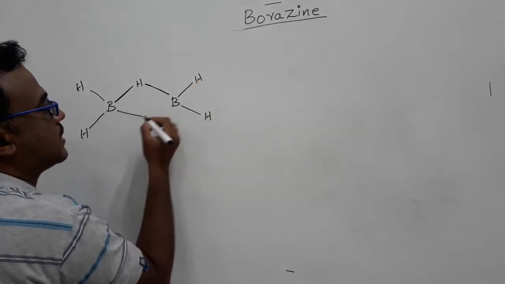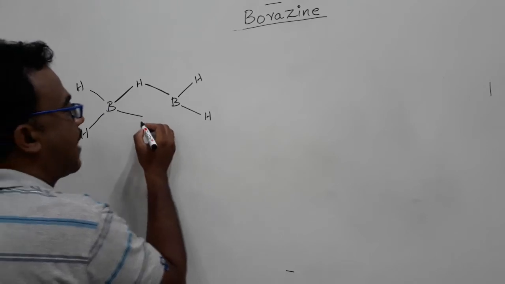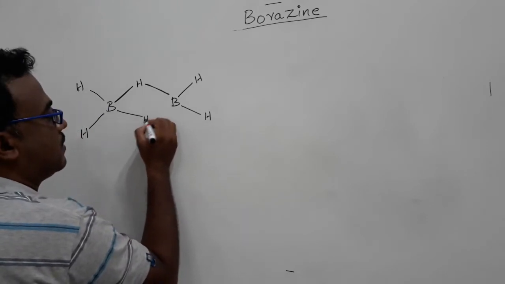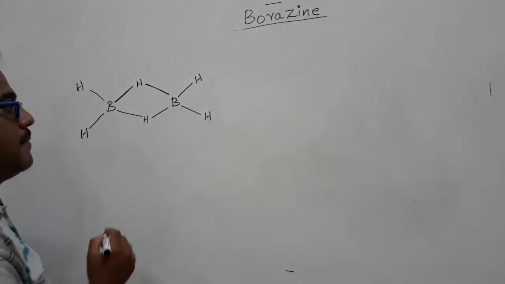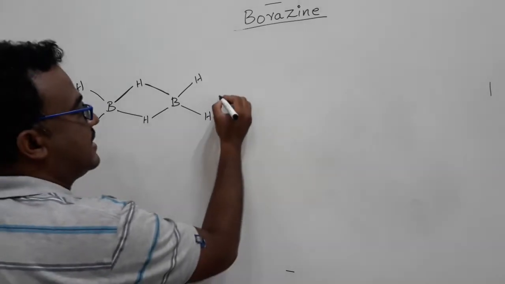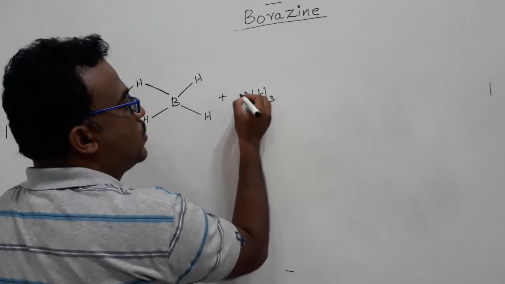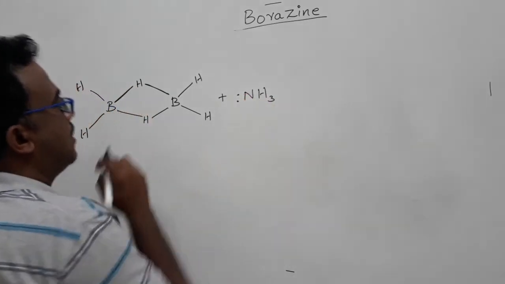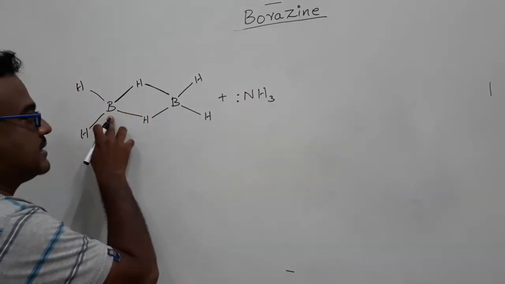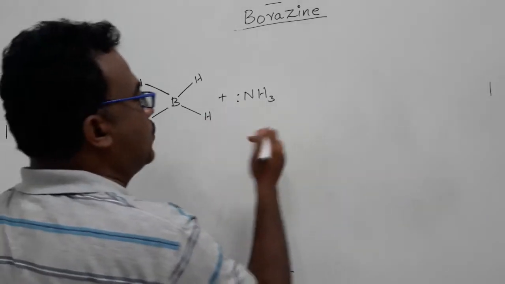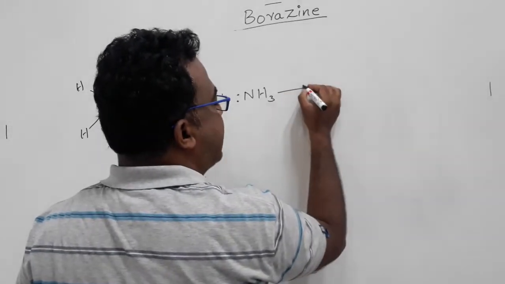Diborane exists as the dimer of BH3. We know the structure of diborane, B2H6, which can react with ammonia. It is a simple Lewis acid-base reaction. The boron center has Lewis acidity and the nitrogen is the Lewis base. It can form an adduct.